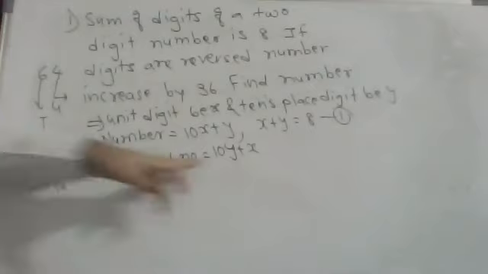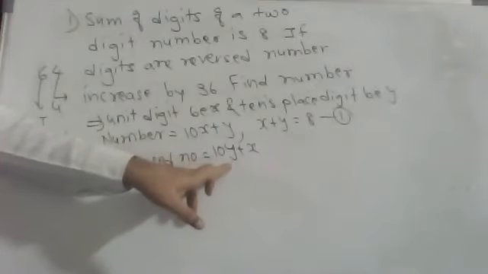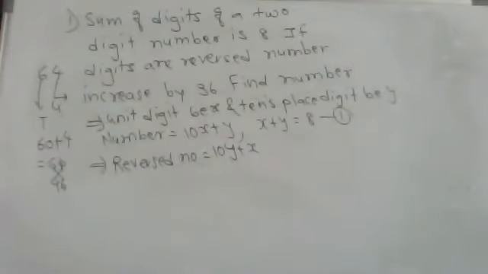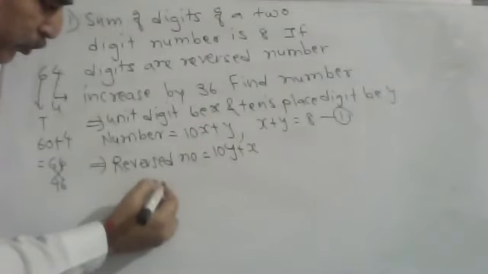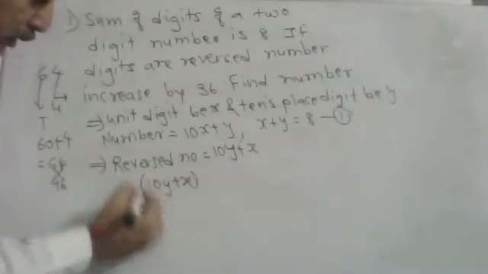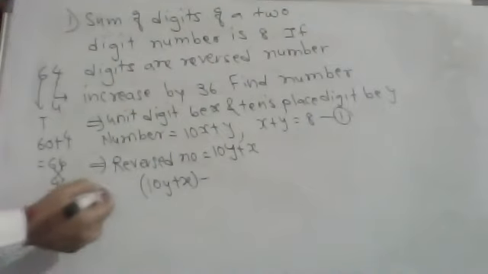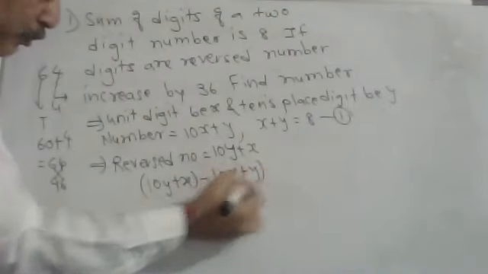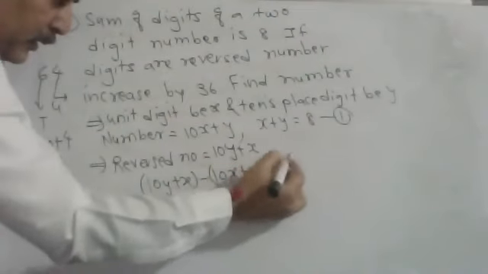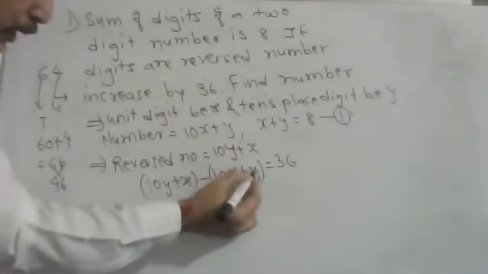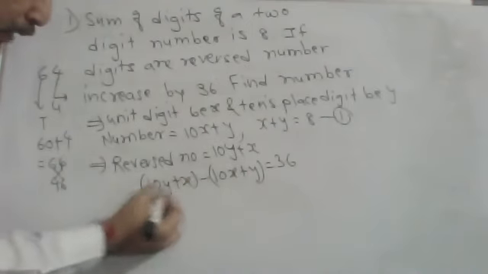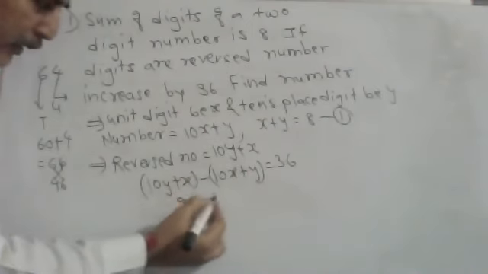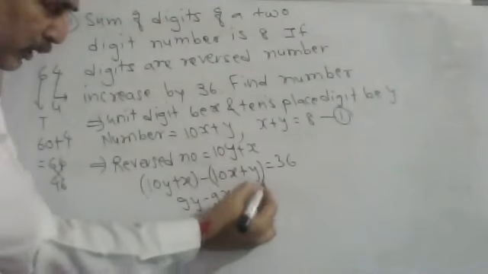Number increased by 36 means the reversed number is bigger than the original number. It means if I subtract the original number from the bigger number, I will get 36. It is 10y minus y, 9y minus 9x is equal to 36.